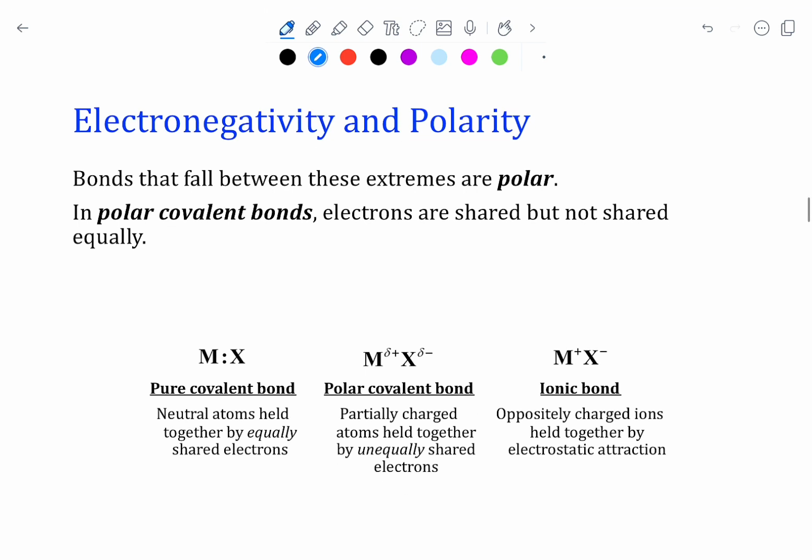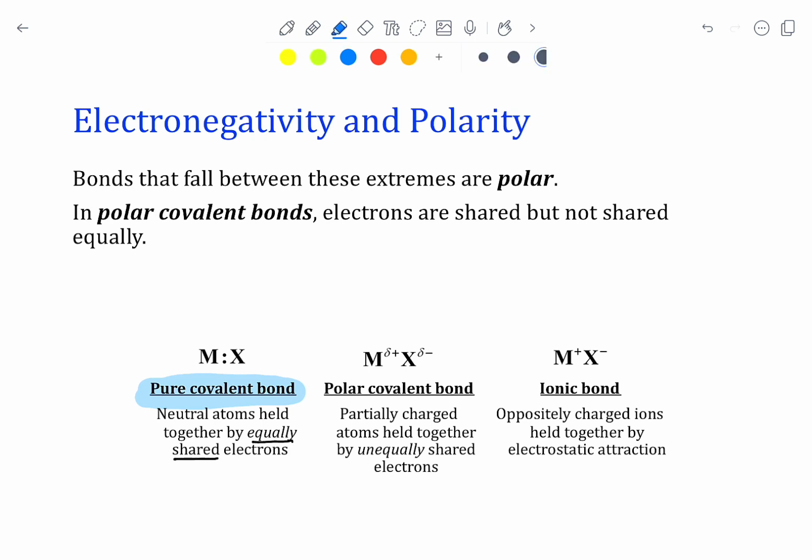The first one is pure covalent bonds. This is when the electrons that hold the 2 atoms together are being shared equally amongst both of those atoms. Okay, so they are being shared equally.